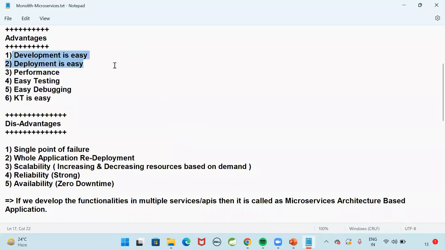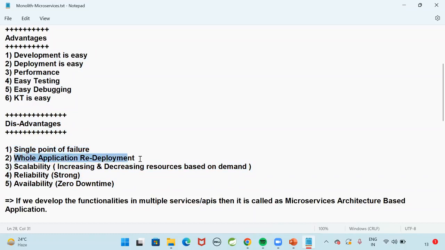Application development will be easy. Application deployment will be easy. Performance will be good when the single application is available. Testing will be easy. Debugging will be easy. KT will be easy.